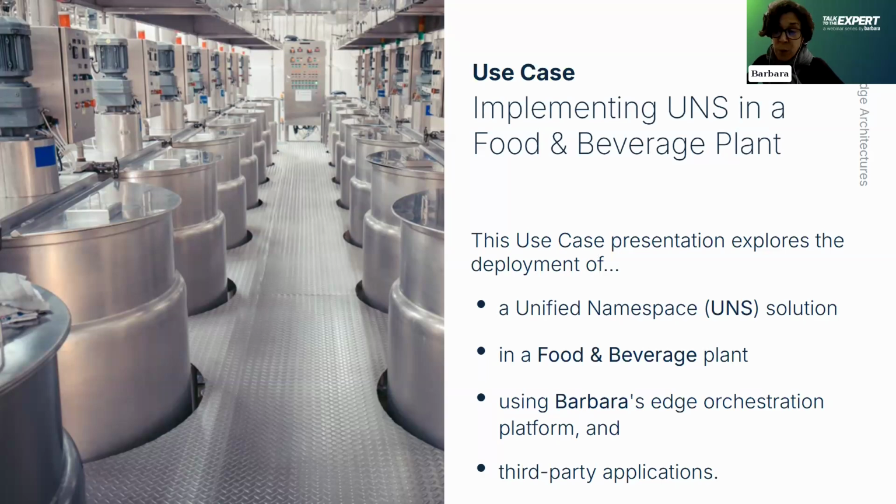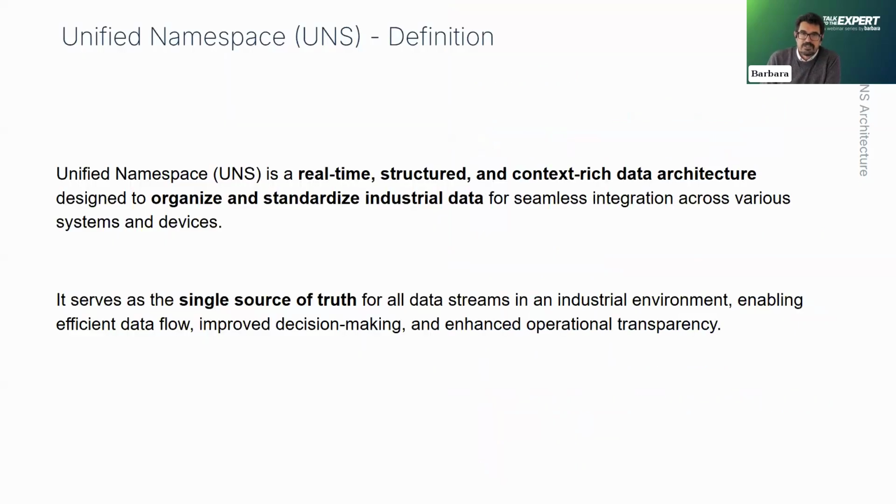Well, the first question will be, what exactly is a unified namespace and how does it work? Okay, that is in fact a very good question. UNS is something that has been around for some time. At the end, a unified namespace solution is just a data architecture implemented in an industrial environment, a real-time and context-rich architecture.